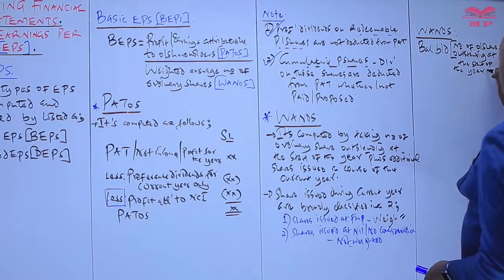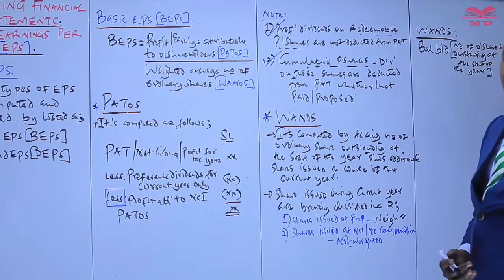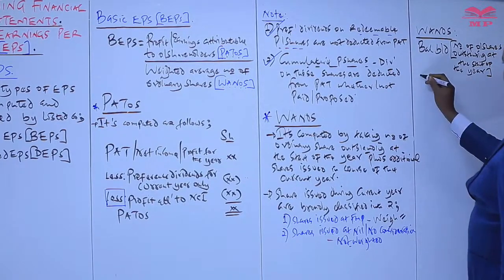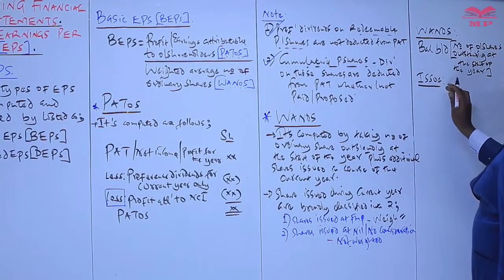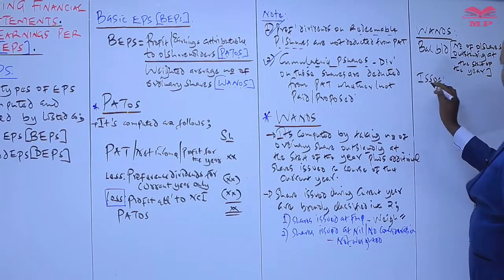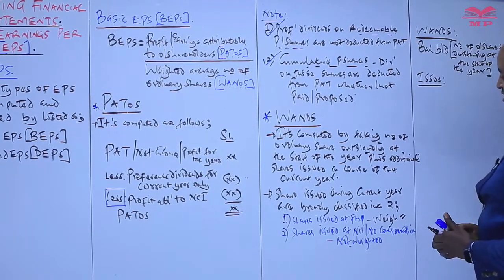In other terms, these are ordinary shares which were issued and fully paid at the start of the year. And then we add the other shares which were issued during the current year, which are the ones we are classifying into two.